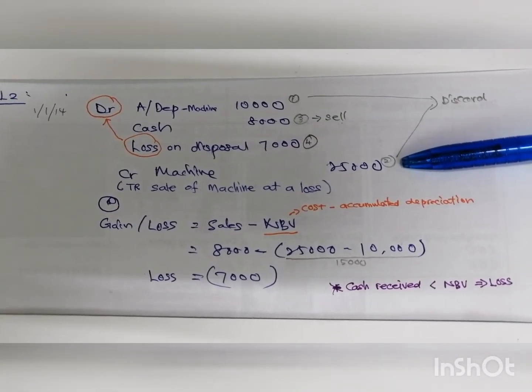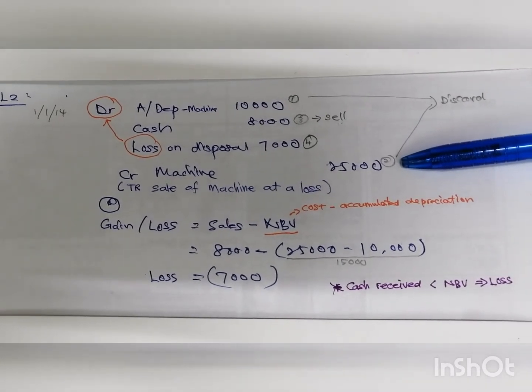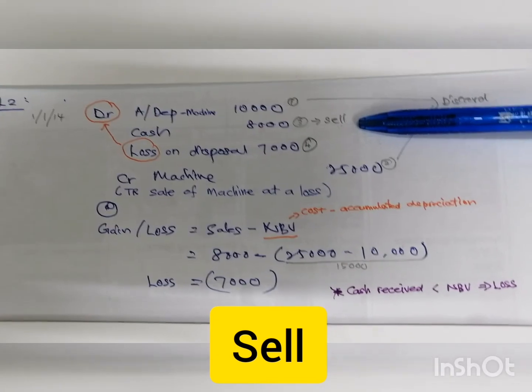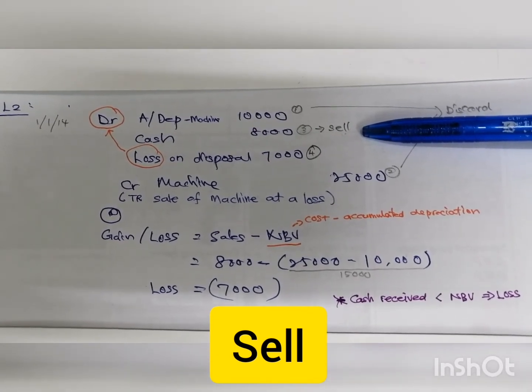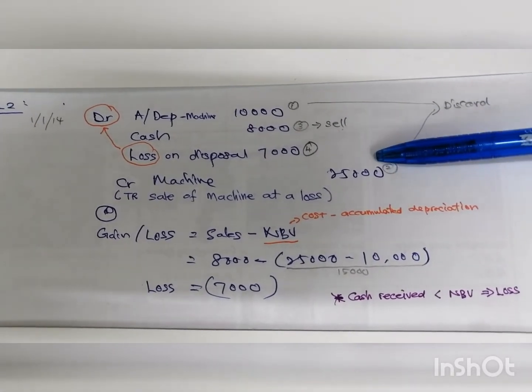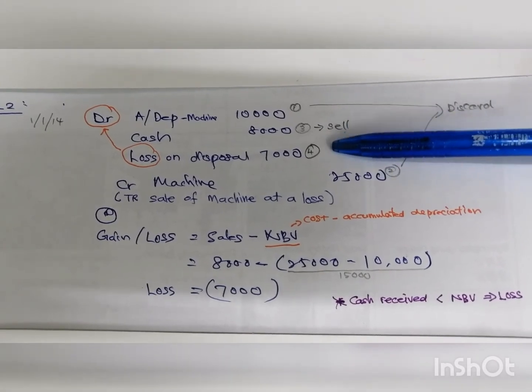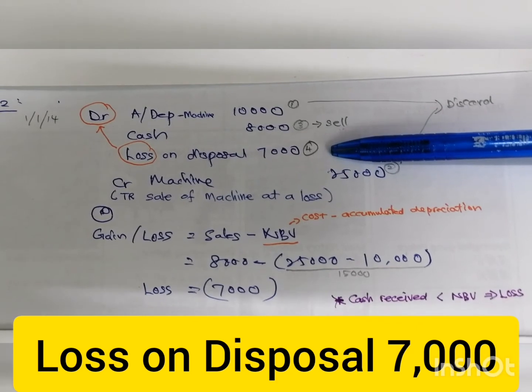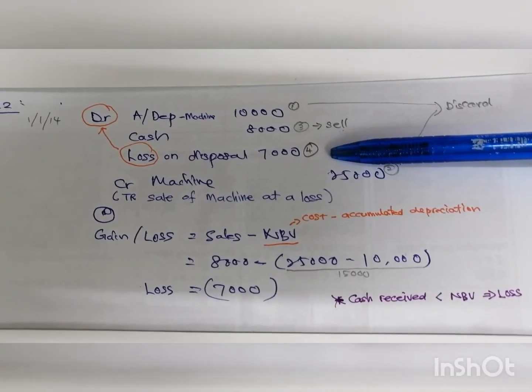This is the cost of machine, 25,000. So when we sell the machine for cash 8,000, as we see here, we got the balance of 7,000 here. So the 7,000 here is the loss on disposal of machines.